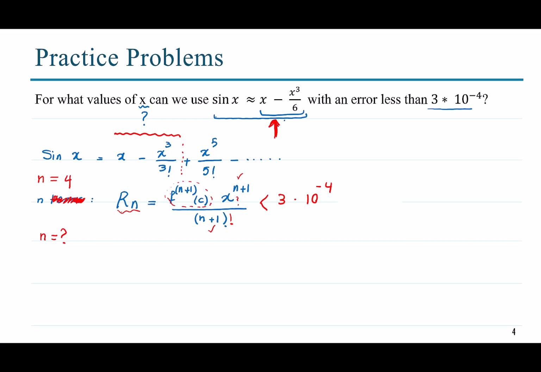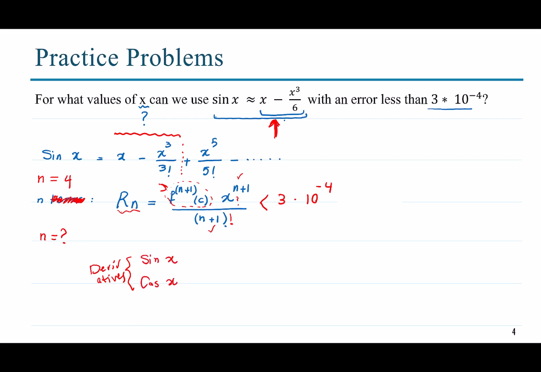Now, in order to get rid of this term here, the n plus 1 derivative at point C, which we don't know, we know that all of the derivatives of sine of x is either sine or cosine. So some derivatives will be sine of x and some derivatives will be cosine x.